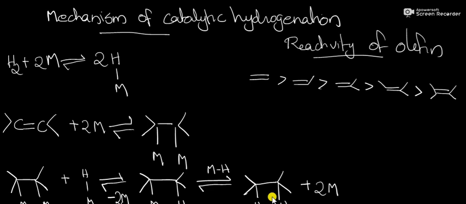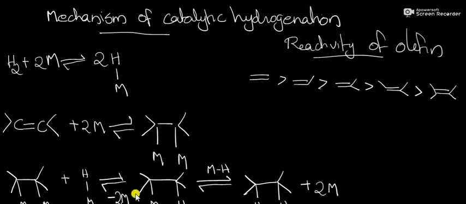Then the resulting product will be the cis addition of two hydrogens.